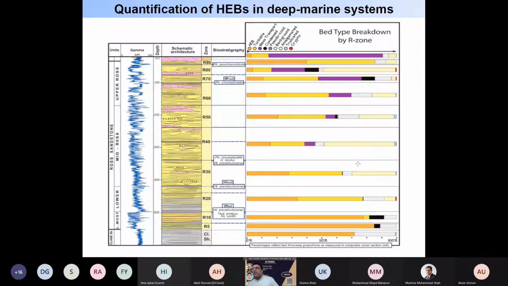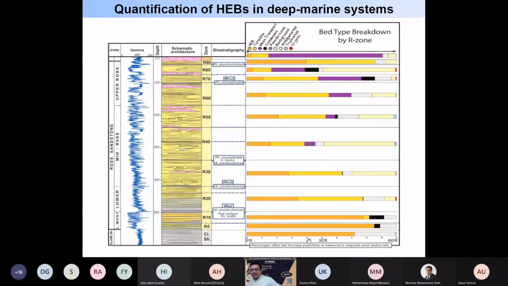From all these observations, because hybrid beds and their capacity as a carbon sink have never been considered in previous models, I think we are the first to observe this phenomenon and come up with this model. And it's really important because many deep water systems can lack mudstone.